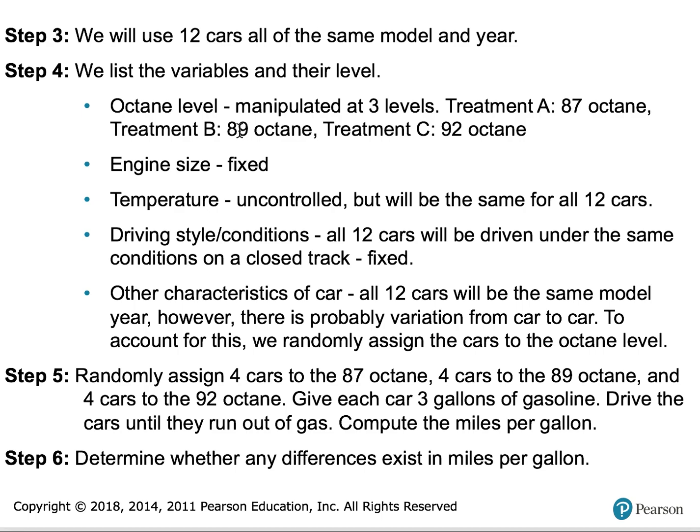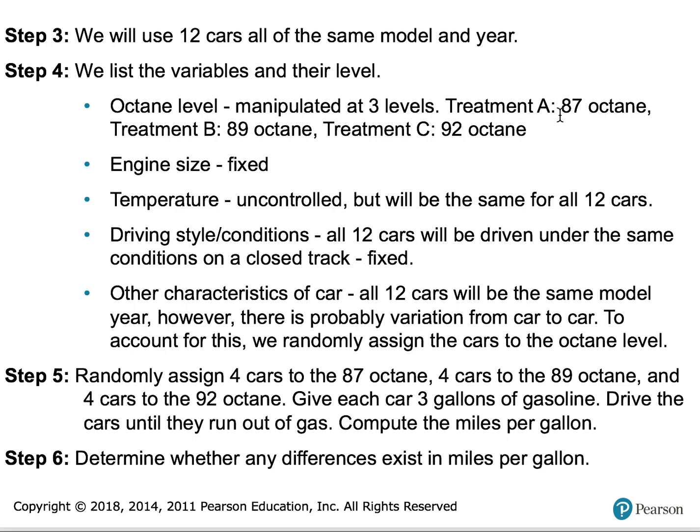Step 4 is determine the level of each factor. So they're listing the variables and their levels. Octane level, right? This is the list from step 2. Manipulated at 3 levels.